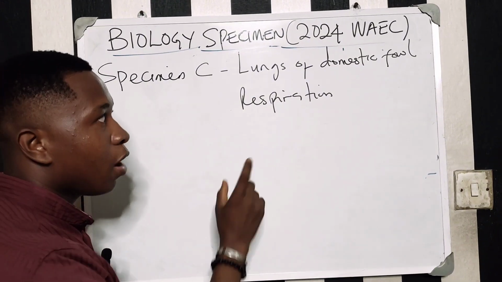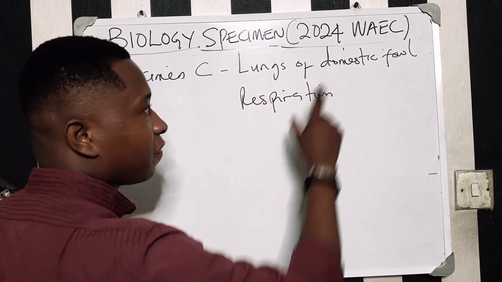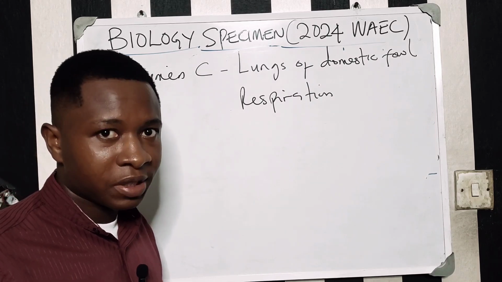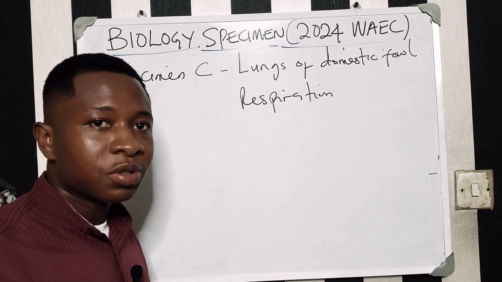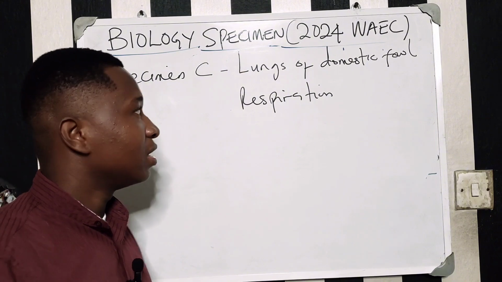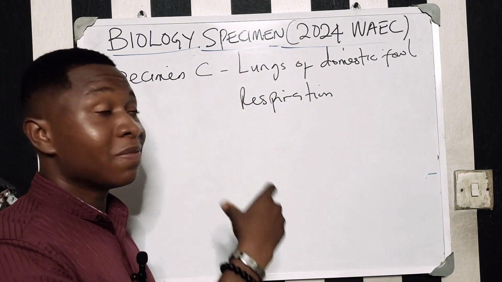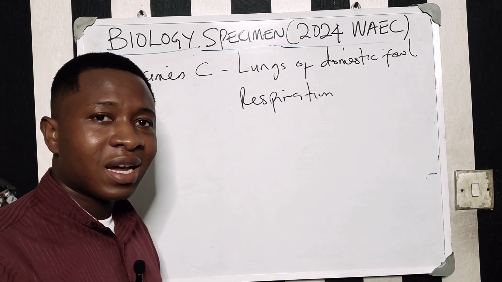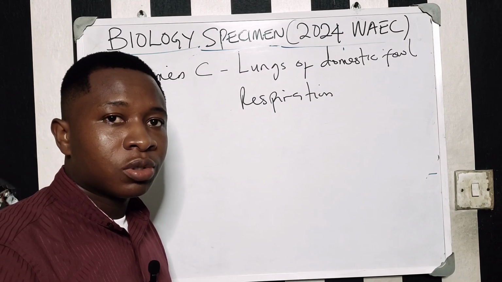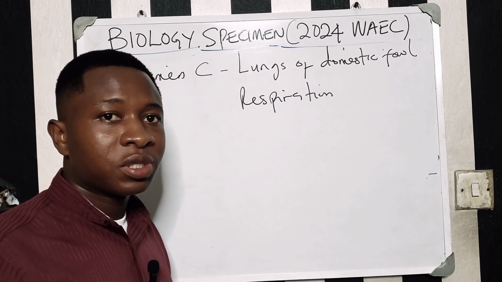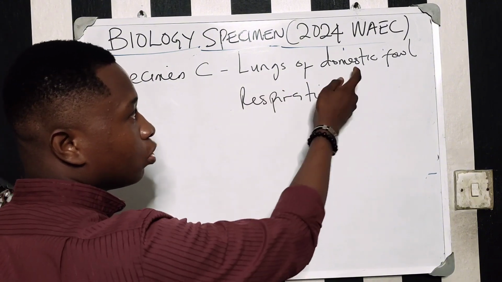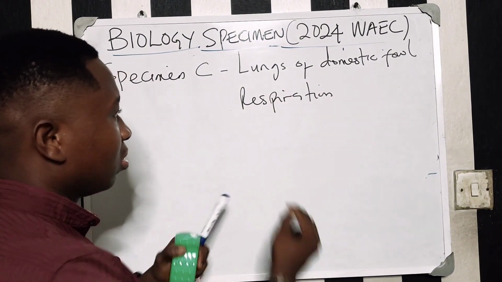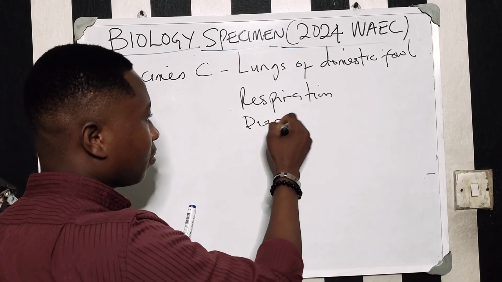But the lungs of the domestic fowl and the lungs of other chordates, like mammals, are different. In mammals, something regulates respiration, and that is the diaphragm. It helps to contract and relax the lungs, which aids gaseous exchange. But in the domestic fowl, the diaphragm is absent.